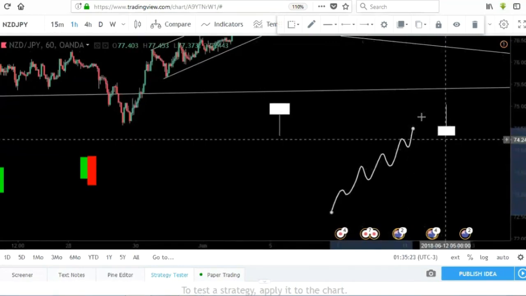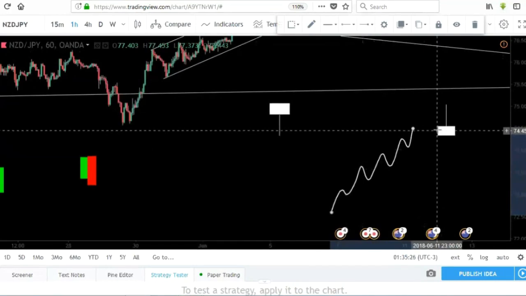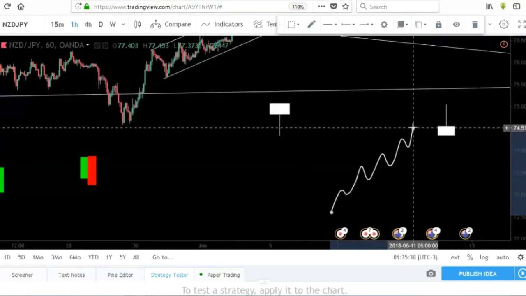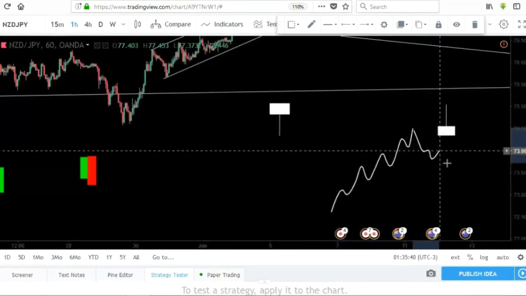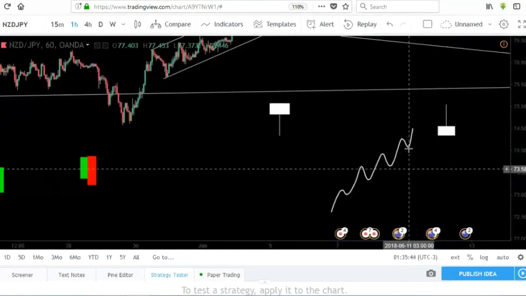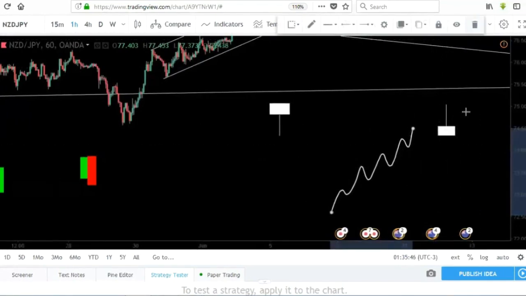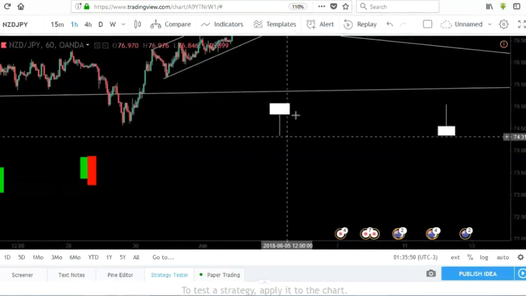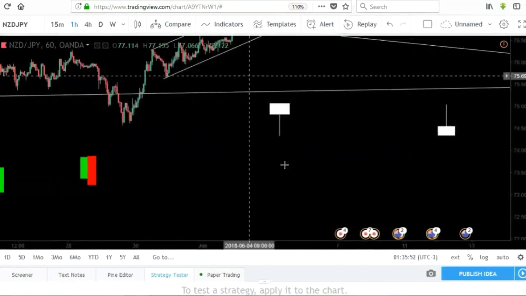Once it forms this type of candlestick at resistance after an uptrend, the next move we expect to see is a down move. So we can utilize this candlestick as a sell signal. And this candlestick, we can use it as a buy signal.